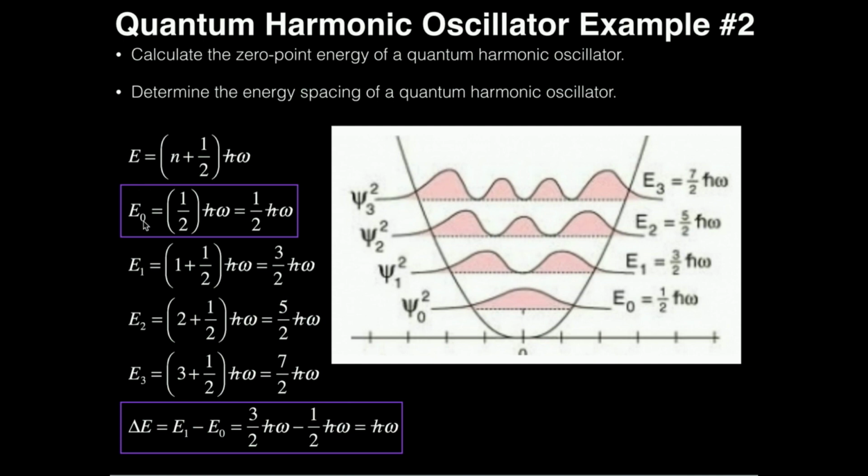The second thing that comes out of this is that the energy spacing between energy levels is constant, meaning the energy difference between E0 and E1 is the same as the difference between E11 and E12. So as you increase the energy level by 1, the total energy increases by the same amount. It increases by 1 factor of h bar omega. Hopefully that gave you some intuition on how to calculate these things.